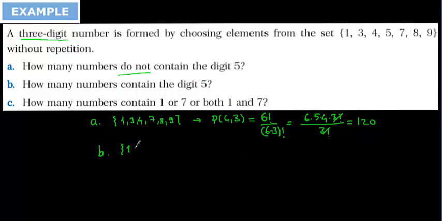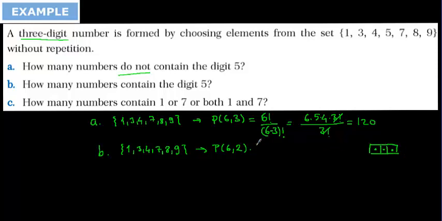So again, we are not going to select the 5 because 5 is already selected. So from this set, we are going to select only 2 digits. We are going to do it this time like that. From 6, we are going to select 2 of them. Pardon, I forgot something here. We are going to select 2 of them, but in a 3-digit number, we can put the 5 into 3 different places. We can put the 5 here, we can put the 5 here, we can put the 5 here.